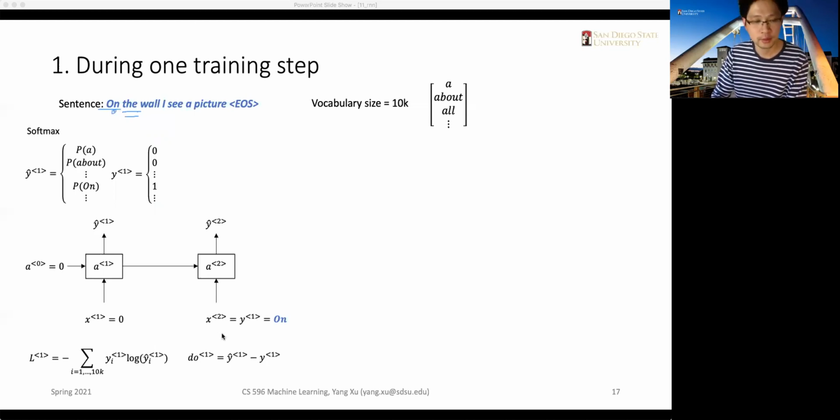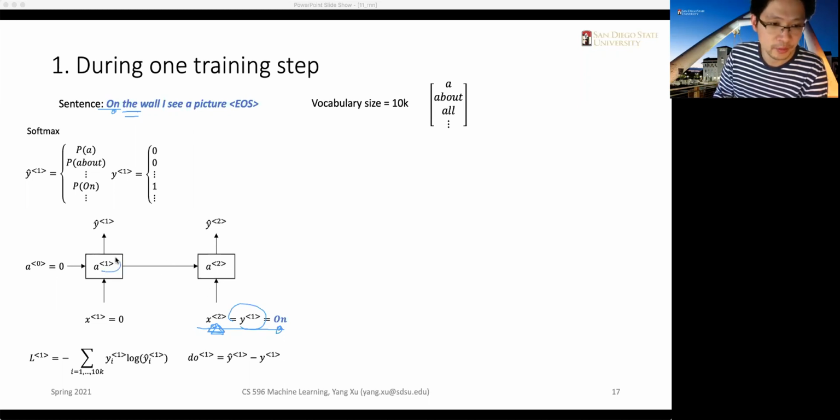So for the input of the second time step, we will let the word on be the input. So x2 in the sharp brackets will be the first word in the ground truth. This is a special place with the recurrent neural network structure, because we used part of the ground truth as the inputs. The other things are the same.